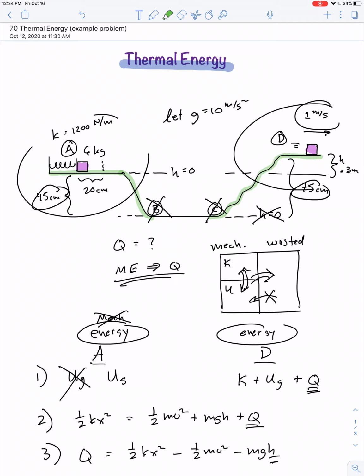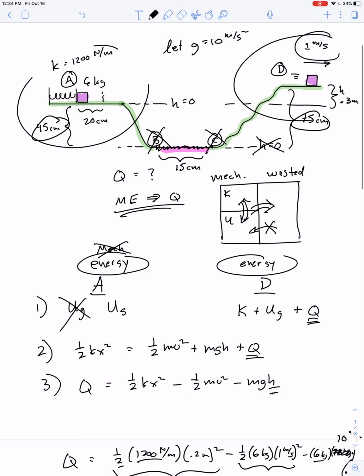Let's say that the rough ground was all here from point B to point C. So all the thermal energy was developed along that path. Okay, so we'll say, for example, that distance is maybe 15 centimeters. Then what's the value of the coefficient of kinetic friction on that portion of the ground?